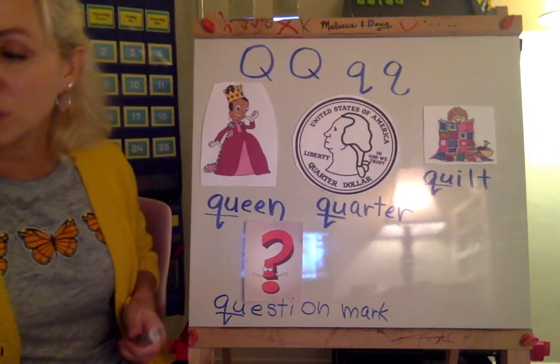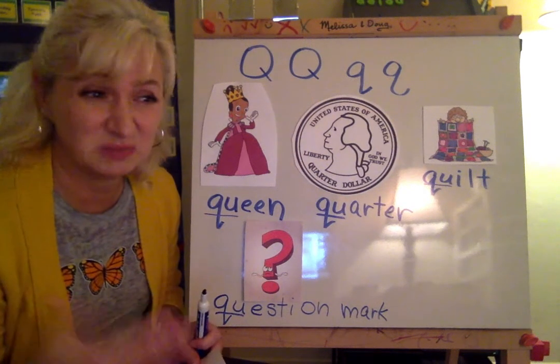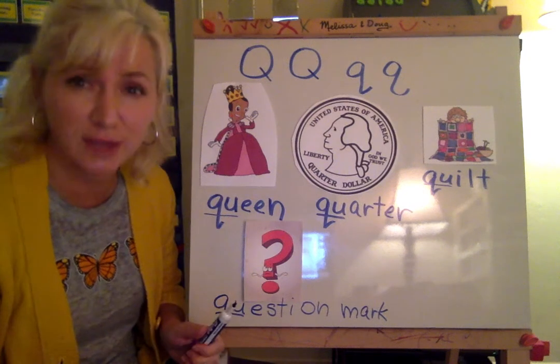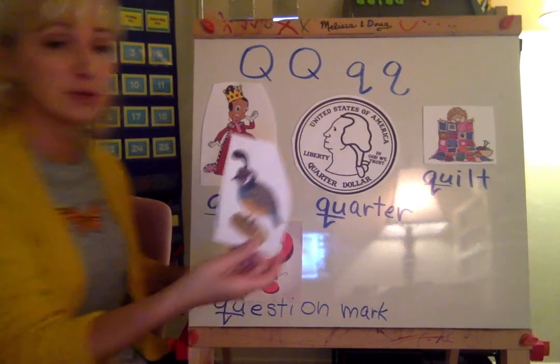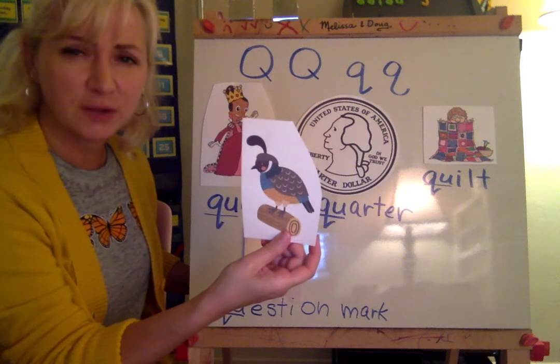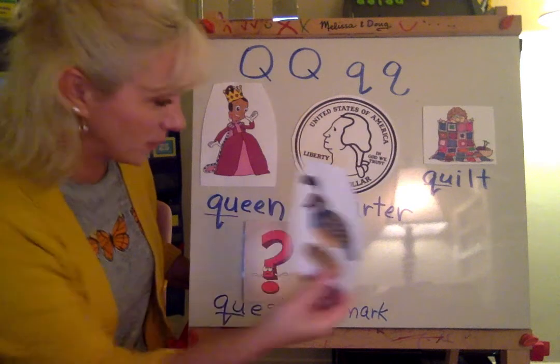All right, my last Q word, because Q words, there's a lot of them, but we don't really know what they mean and we don't use them a lot in daily life. So I tried to pick some that we could actually see. This is a little bird and it is called a quail and it has that funny looking feather up there all the time, which is how you always know it's a quail. So it's a quail.